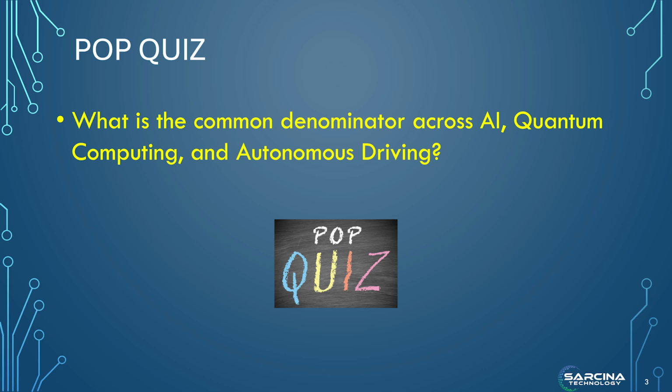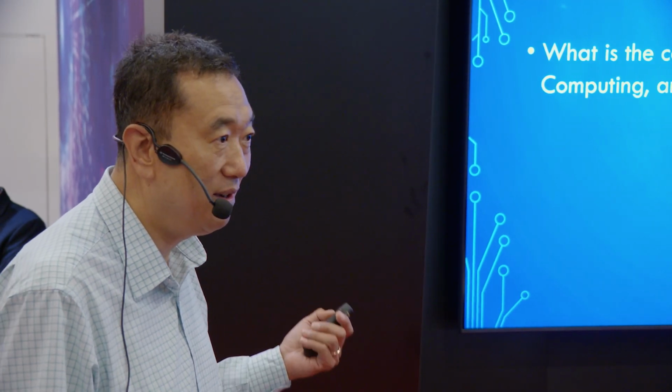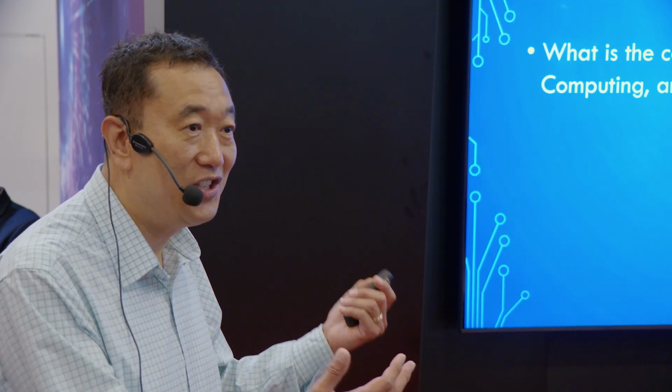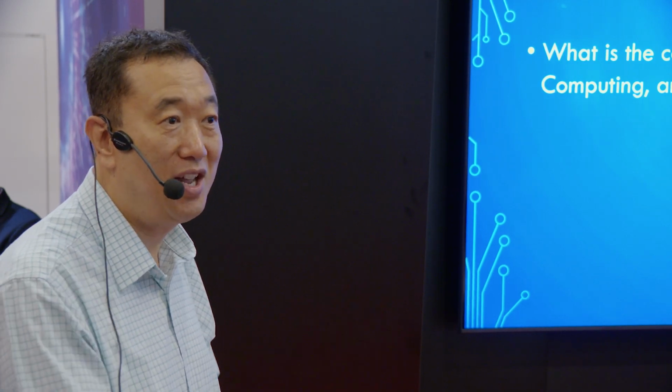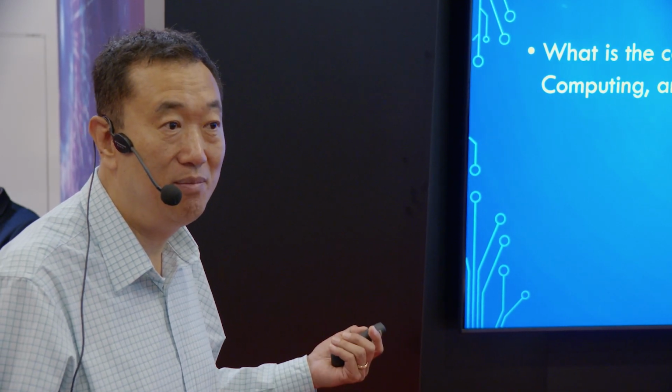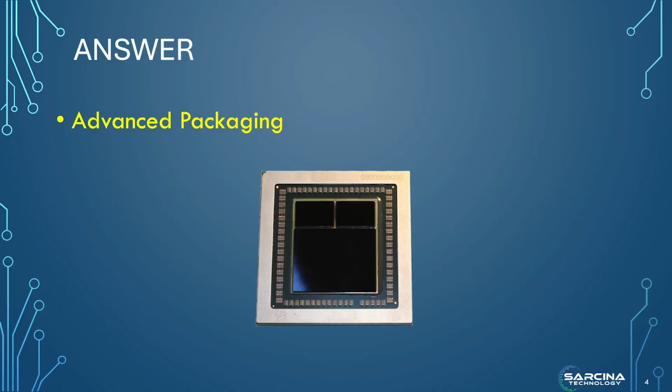Here's a pop quiz. What is the common denominator across artificial intelligence, quantum computing, and autonomous driving? Some people will say probably the advanced silicon technology node, right, you go to 3 nanometer, 2 nanometer. That is the most important. Packaging, good.